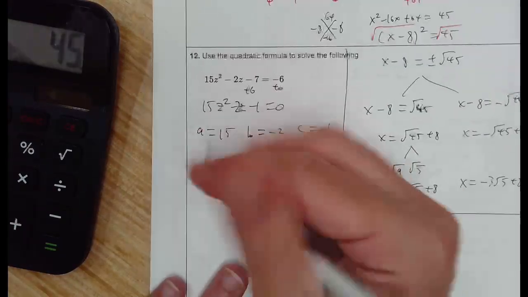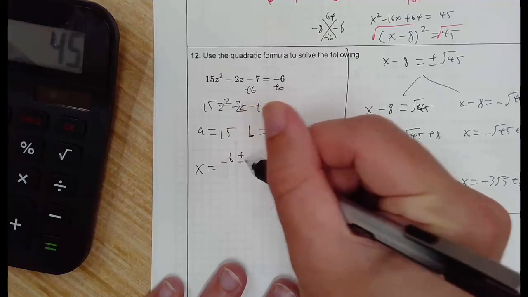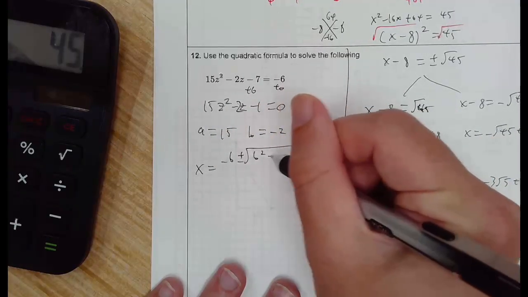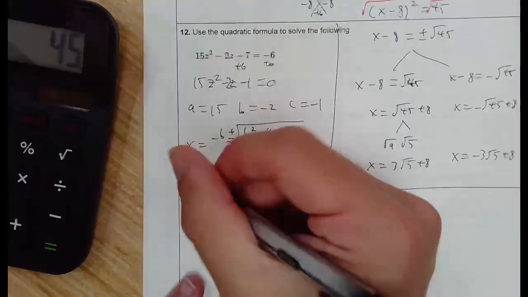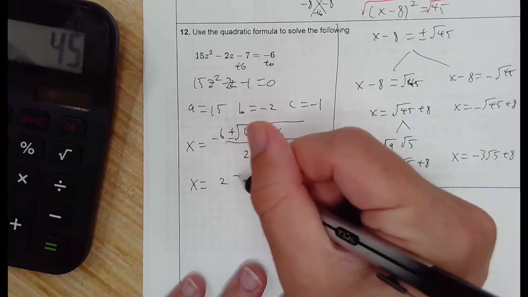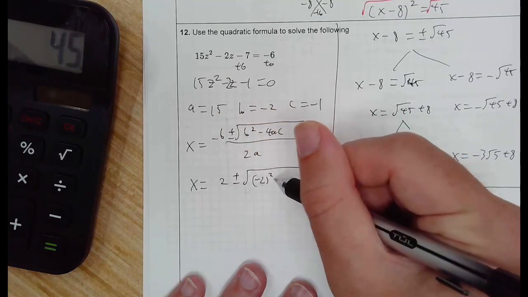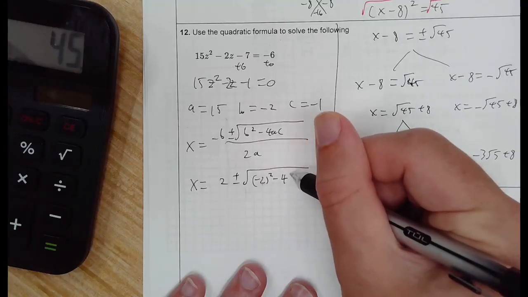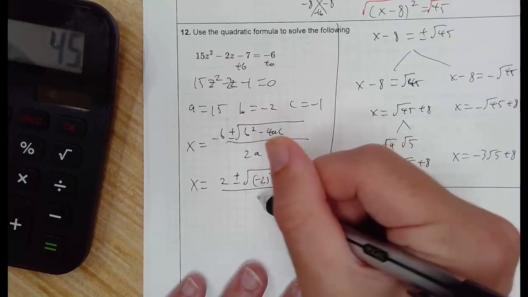Okay, so then we just plug it into the formula. You gotta know it. x equals negative b plus or minus the square root of b squared minus 4ac, all over 2a. Plug it in. x equals 2, right? Double negative, plus or minus negative 2 quantity squared minus 4 times 15 times negative 1, all over 30.